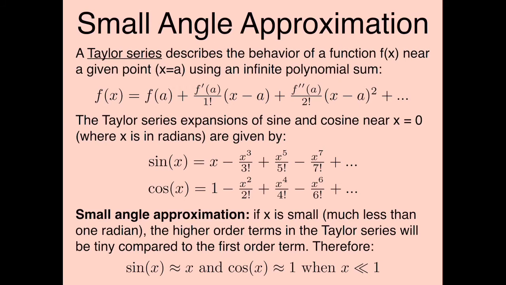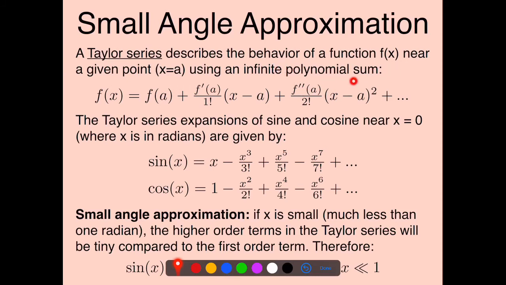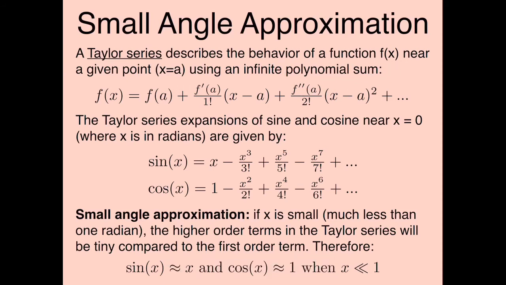So remember, a Taylor series describes how a function f of x behaves near a given point, which we'll call x equals a. And we can describe how that function behaves near that point using a sum of polynomial terms, okay? And technically the sum is infinite. It goes on forever.